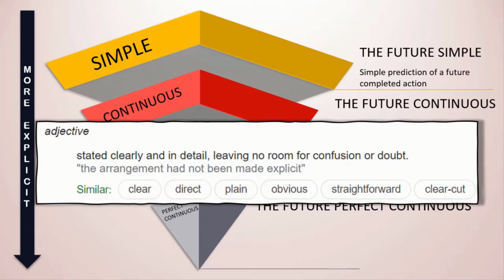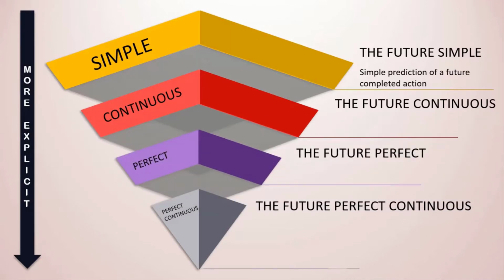And if you're wondering what explicit means, it describes a communication as clear and directly stated in specific detail. The future perfect then is explicit as to the timing of the completed action or group of actions being sometime before the expected time or deadline.